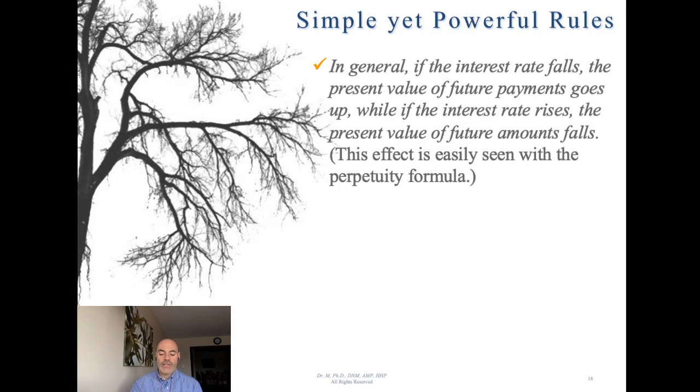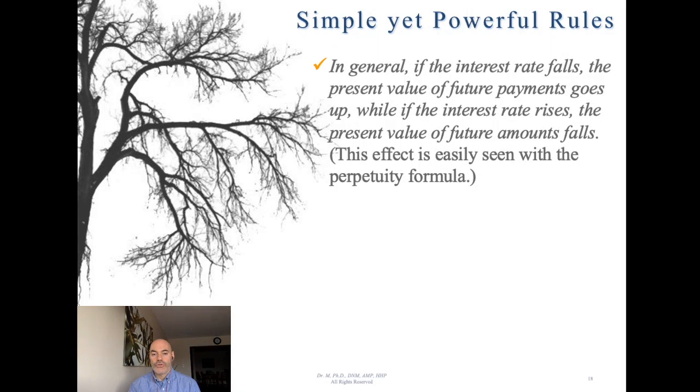This is very easily seen if you look at the previous slide when we considered perpetuity, or annual payments forever. Moreover, a higher interest rate lowers the present value of a long-lived asset relative to a short-lived asset, while a low interest rate has just the opposite effect.